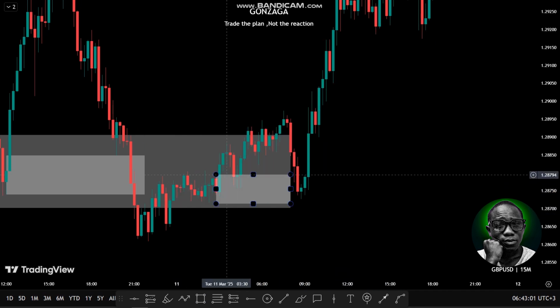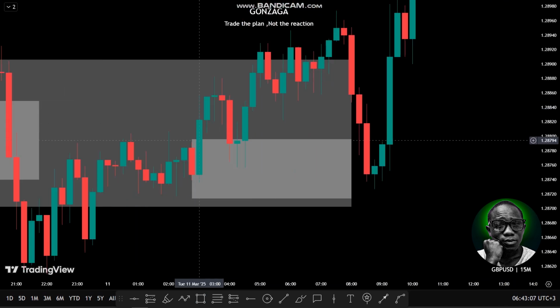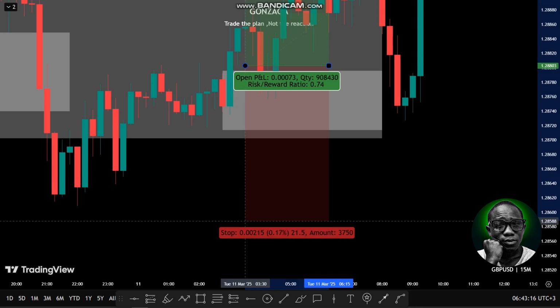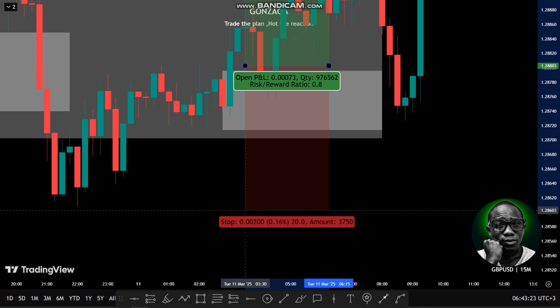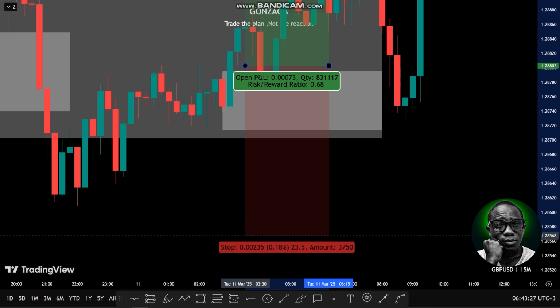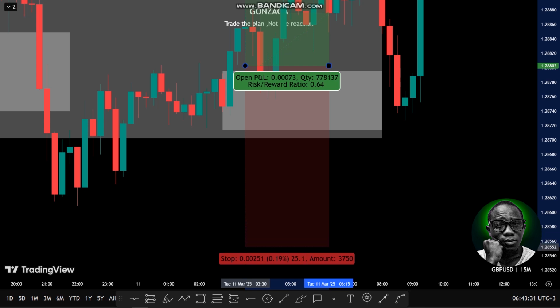So I had to enter on this trade from here, and then put my stop loss right down at the tip. I always add in a good number, far away from the stop loss. So it was at 25.